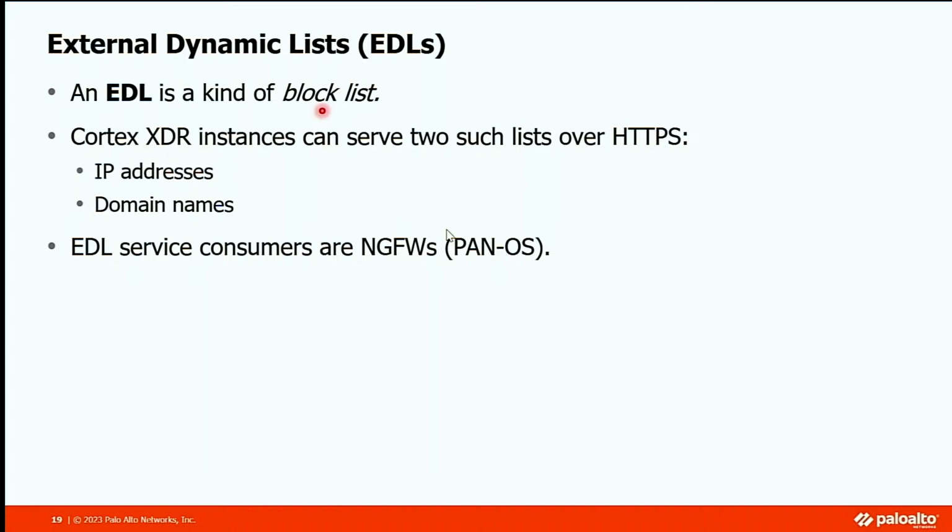So Cortex XDR instance can serve two different lists over HTTPS, as you've seen, IP addresses and domain names. And the consumer of our EDL service is something like our next generation firewall running PAN-OS, or it could be Prisma Access, a firewall in the cloud that the customer provisions in the Prisma Access cloud. It's something that can ingest our EDLs.